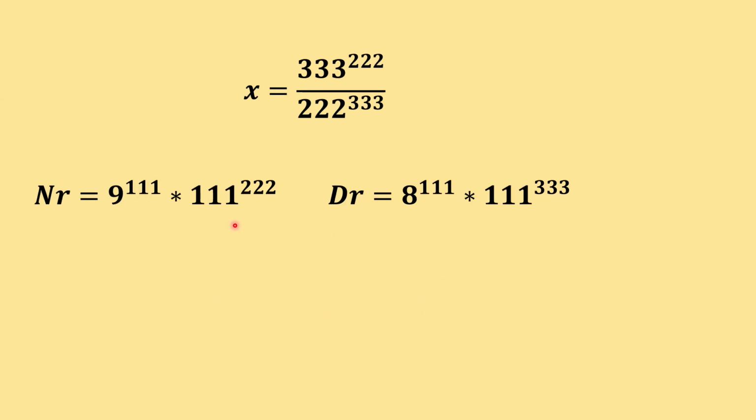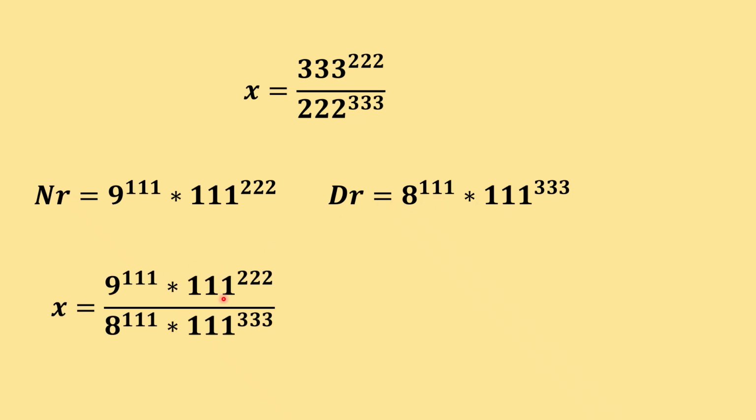So x will be numerator by denominator. 9 power 111 by 8 power 111 will be (9 by 8) whole power 111.